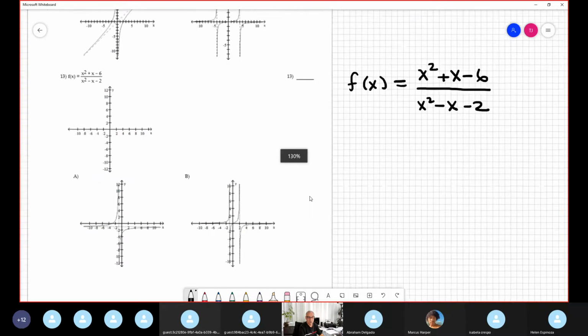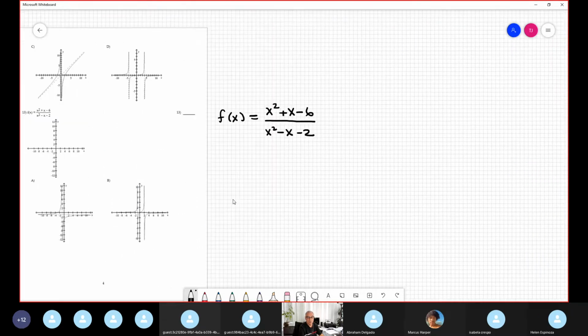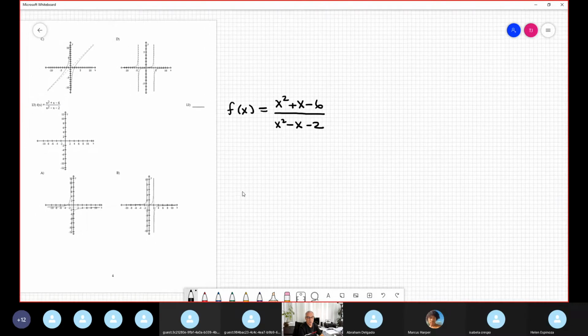Okay, let's do it. What should I do now? What is my first step in the analysis of a rational function? Tell me. Factor. Very good.